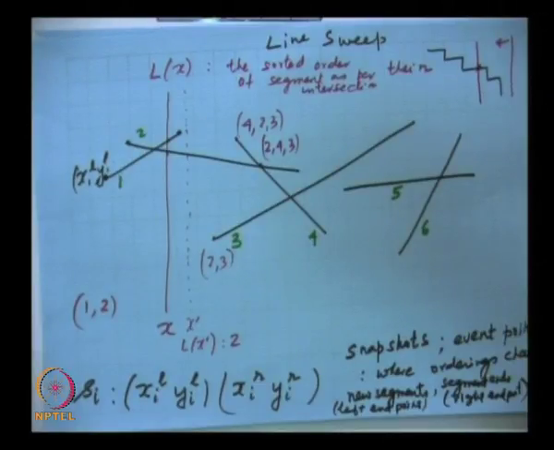Now, what is the difference between these event points? Are these all event points known to us? First two are known. The third one, the one that we are interested in, is obviously not known, because we wouldn't have run all this algorithm. If we knew the intersections, we are done.